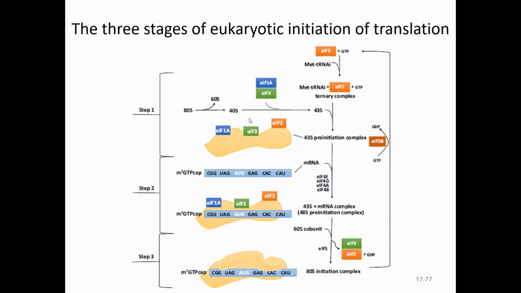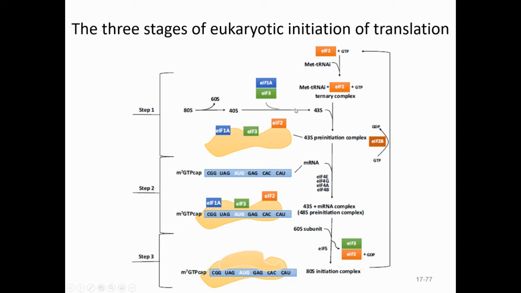It has the amino tRNA that carries methionine, which is Met-tRNA, plus the 40S subunit, GTP, and eukaryotic initiation factors: eIF1A, eIF2, and eIF3. First, the 80S needs to dissociate, so the 60S dissociates from the 40S.